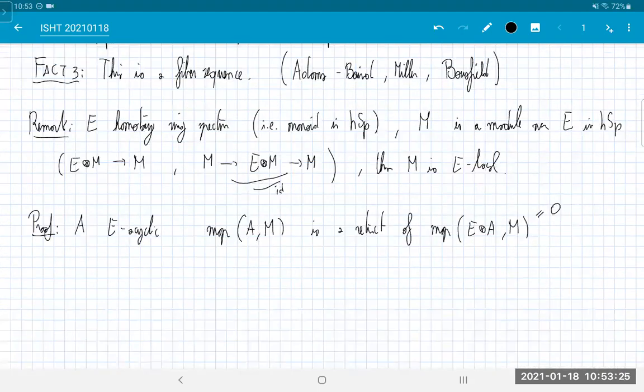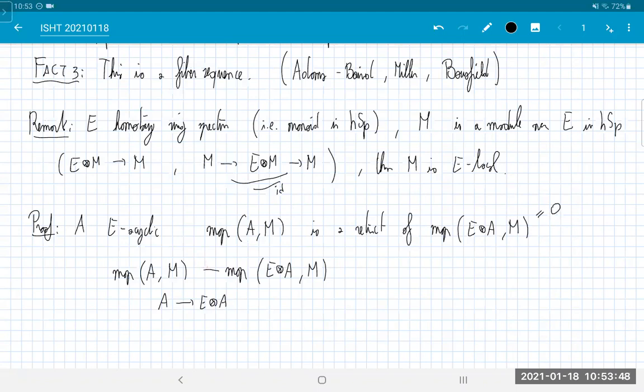And that's because you can get a map, and this map comes from a precomposition with the unit of E. You have a map A. Ooh, why am I doing this? No. Am I doing this the right way? Yes. Okay. You precompose with the unit of it.